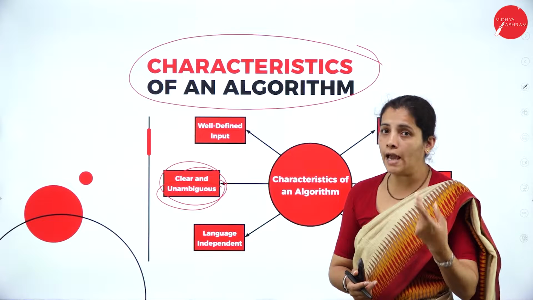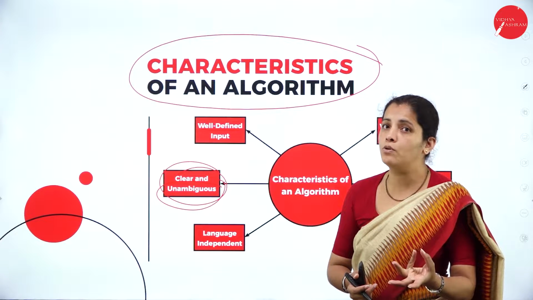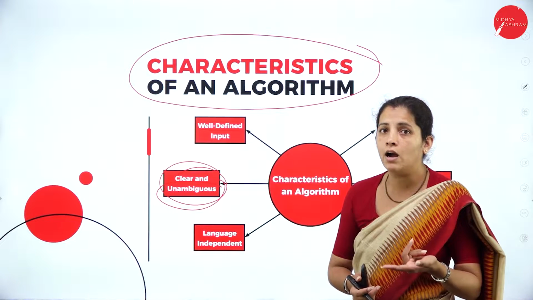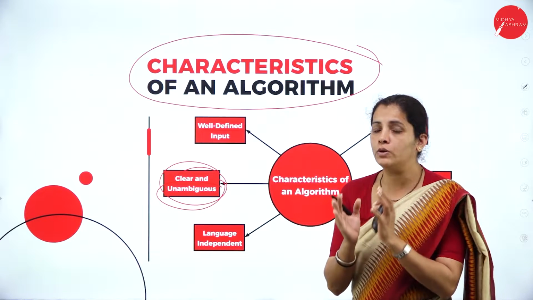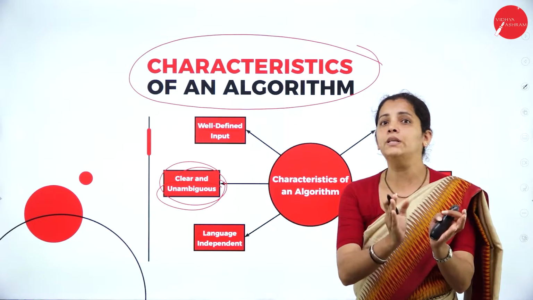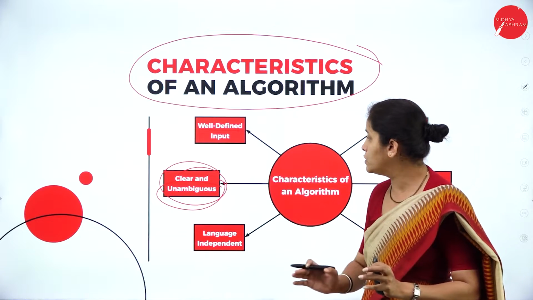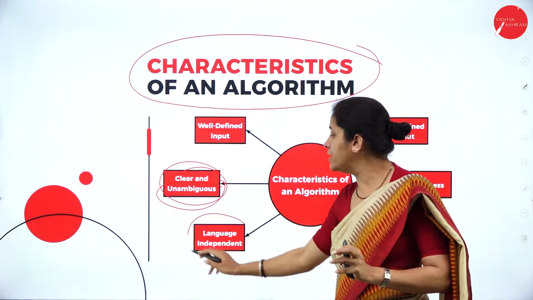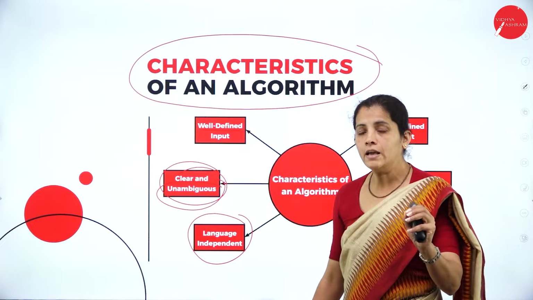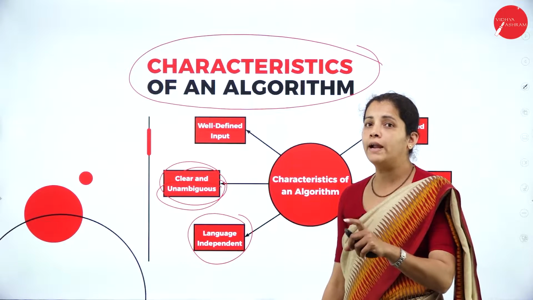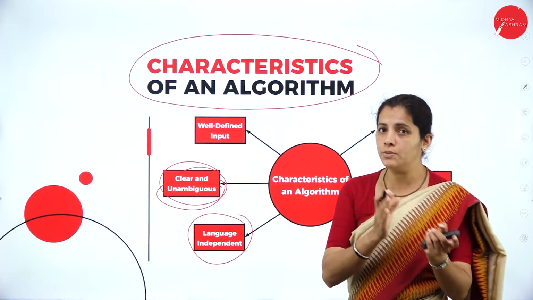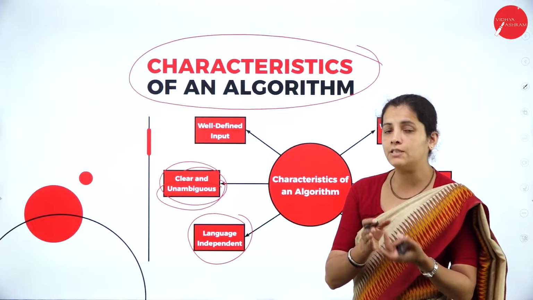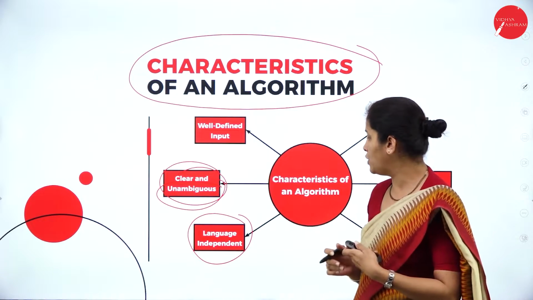That can be implemented using C programming, C++, Java, .NET or Python. So whatever algorithm I write is not specific to the programming language. So it is language independent. If I write the algorithm to find the sum of two numbers, the same algorithm can be used by C, C++, Java or Python.